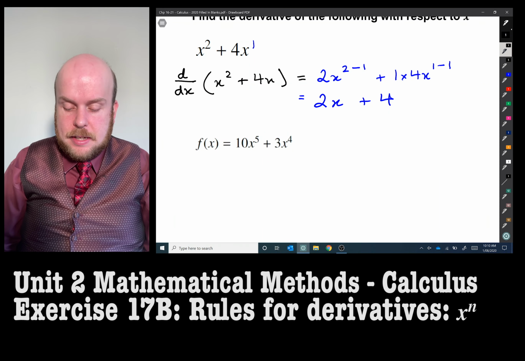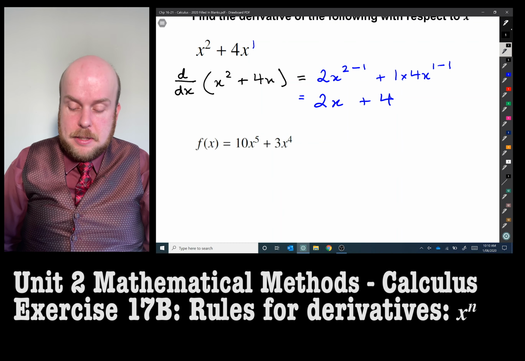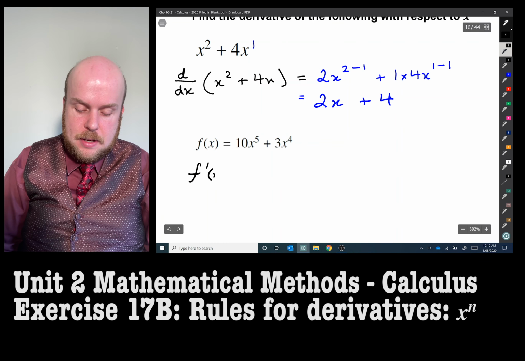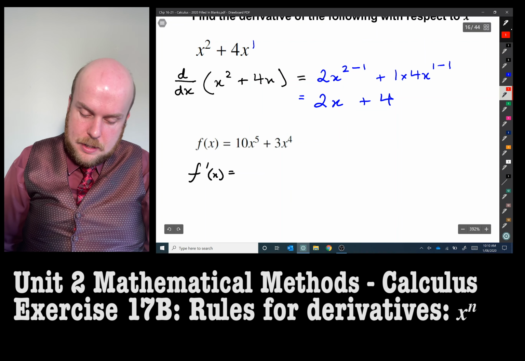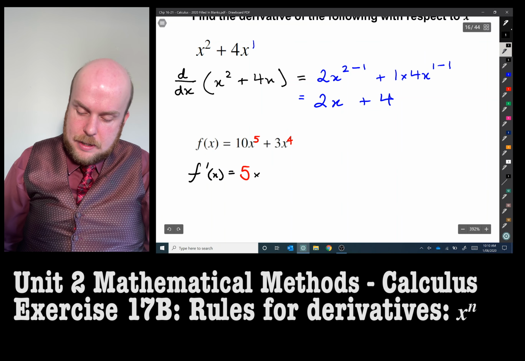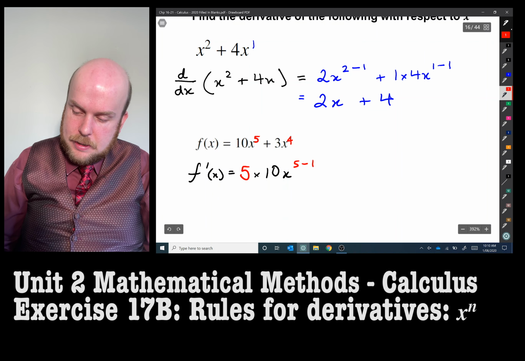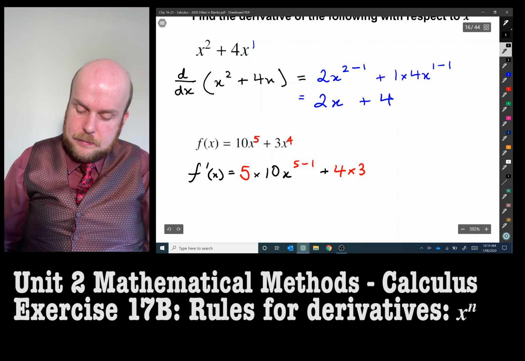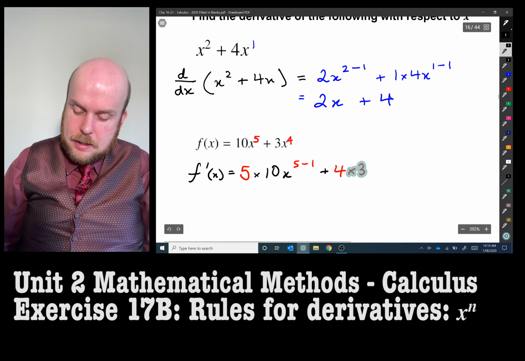We've got f of x is equal to 10x to the power of 5 plus 3x to the power of 4. So the derivative is equal to, and I usually like to just put little color codings in here. So this will be 5 times 10x to the power of 5 take away 1 plus 4 times 3x to the power of 4 take away 1.